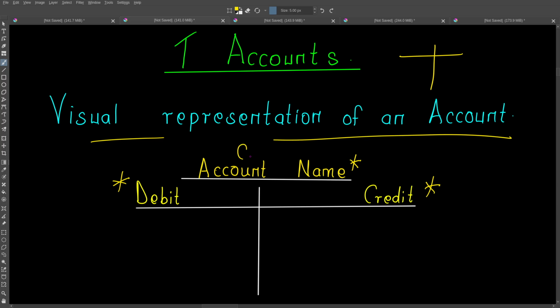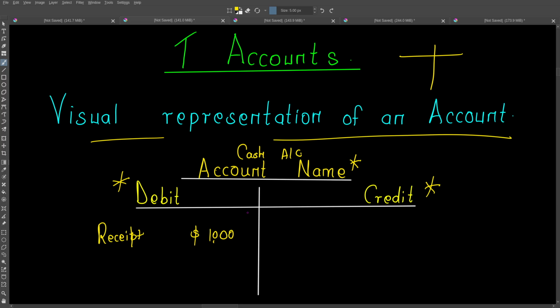For example, here we could have the cash account, okay? And if we received money, you're going to find it on the debit side. Remember, for a cash account, we debit to increase it, because it is an asset account. So every time you receive money, it's going to be on the debit side.